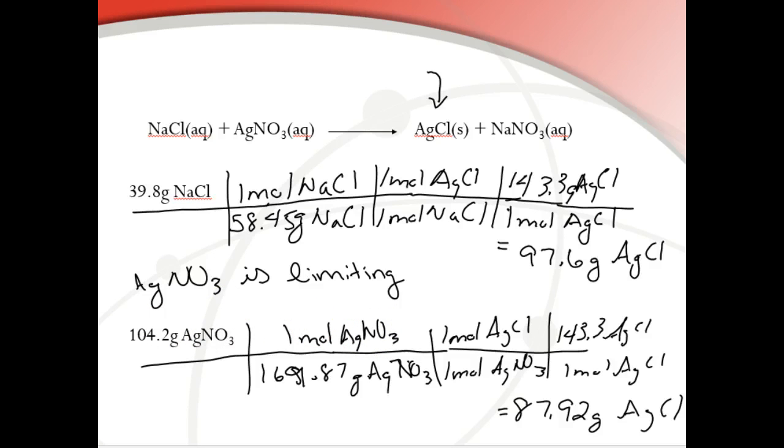Now, to be fair, this never happens. We don't ever really react 100% of our reactant. So the theoretical yield here, which is why it's theoretical, is just the amount of product that your limiting reactant produces. So silver nitrate was our limiting reactant. 87.92 is our theoretical yield.